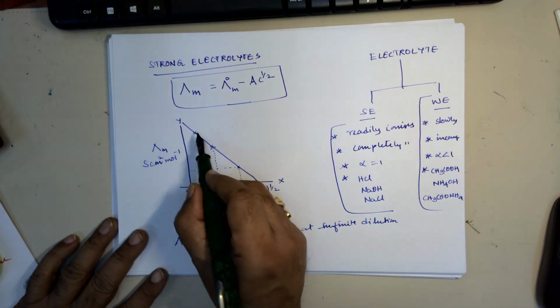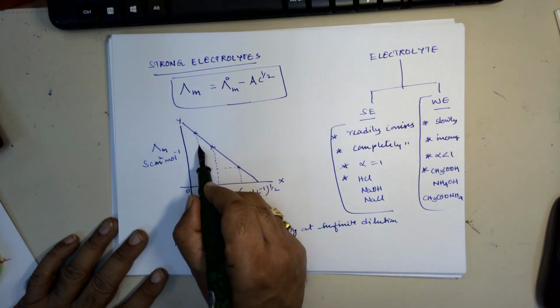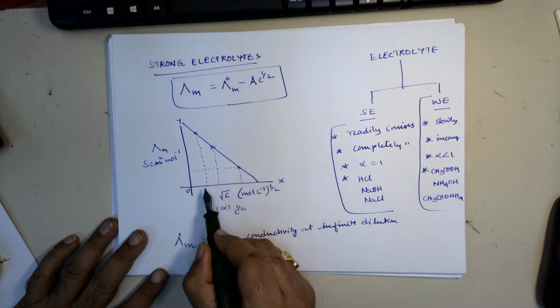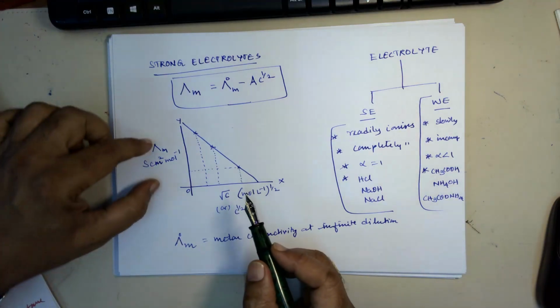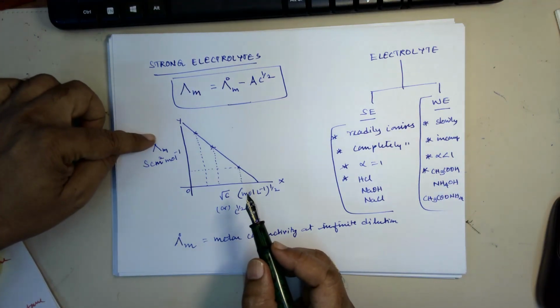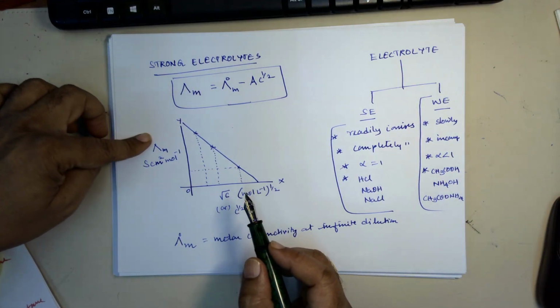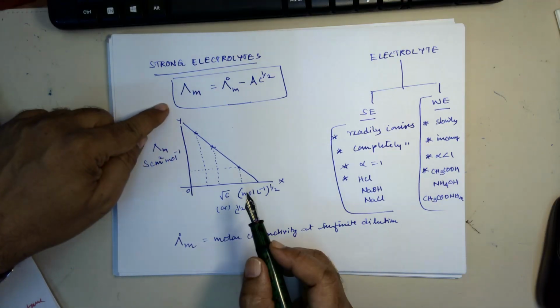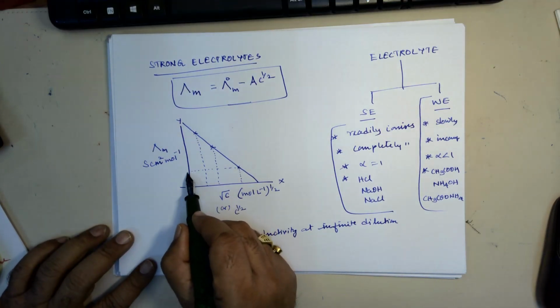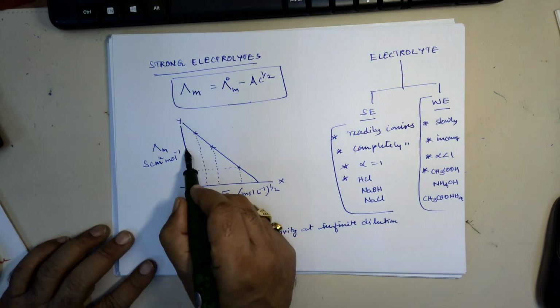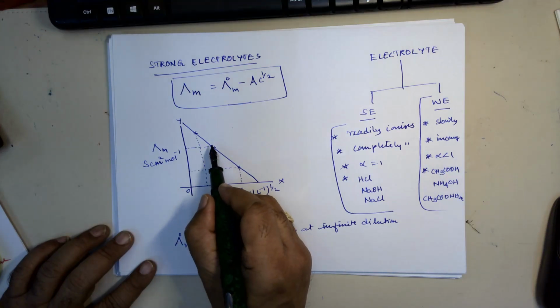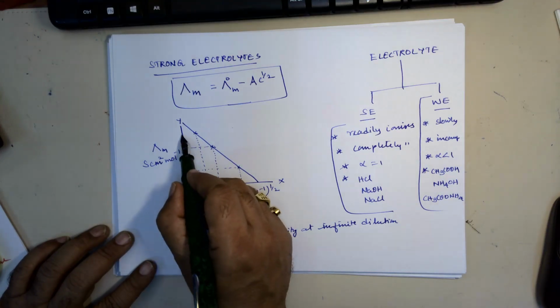Now you can observe there is an increase in the equivalent conductance, I mean the molar conductivity. It goes on increasing. For this value, it is here; for this value, it has gone here.